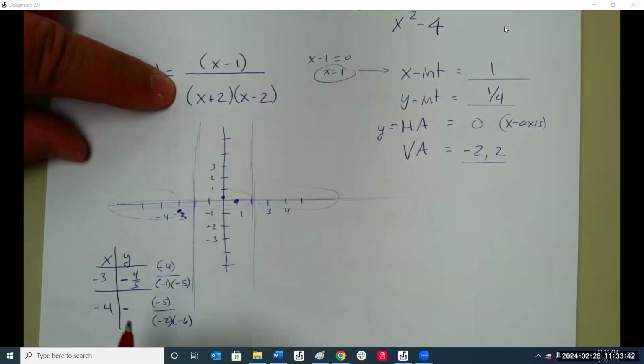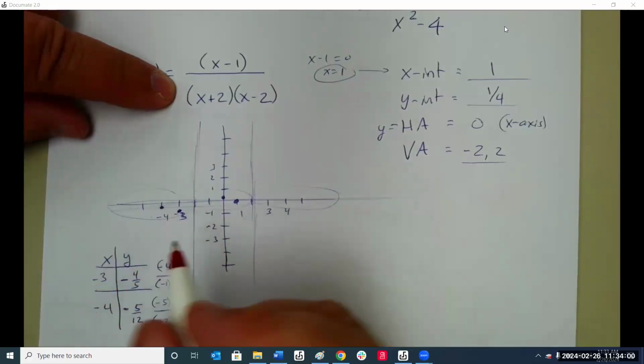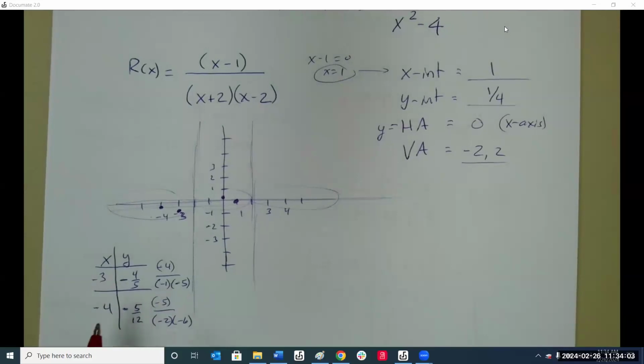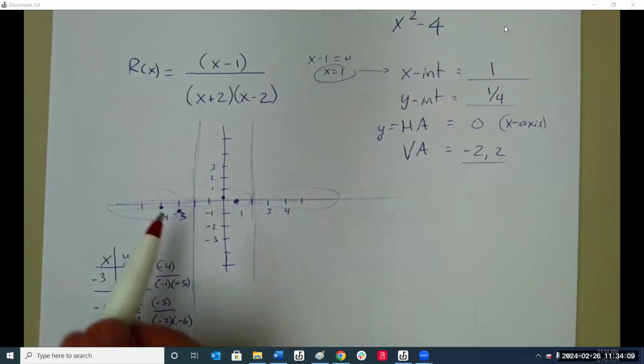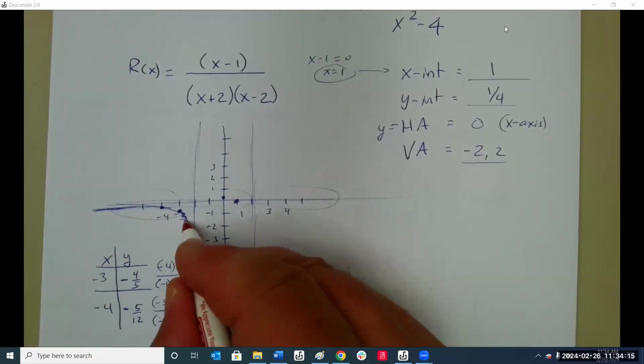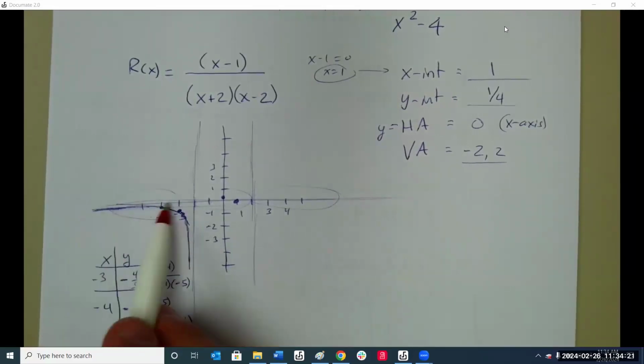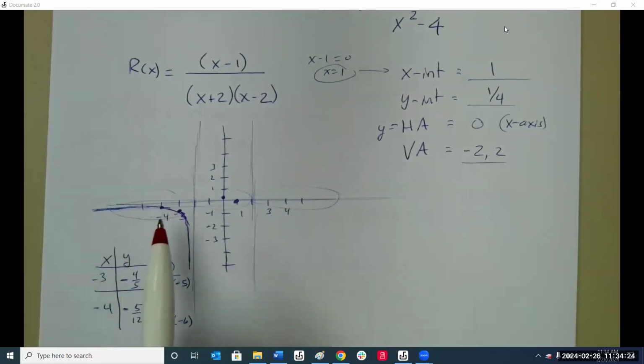The answer is going to be -5/12. So what do you think happens in this quadrant? Yeah, it'll be close to the horizontal asymptote, and then it goes back down this way. So that's how that one's going to look. We know it doesn't cross the x-axis because there are no x-intercepts there. So it won't cross that horizontal asymptote.